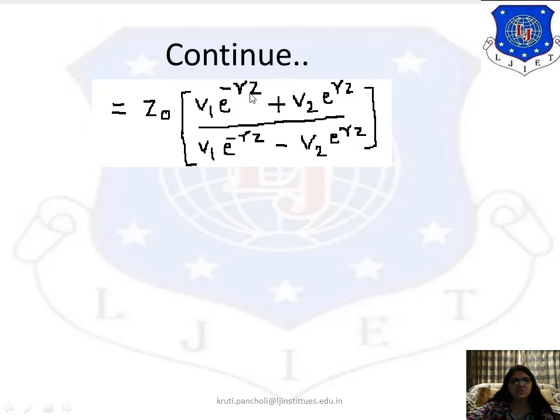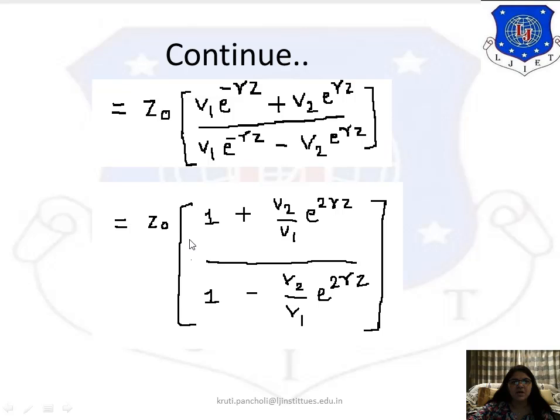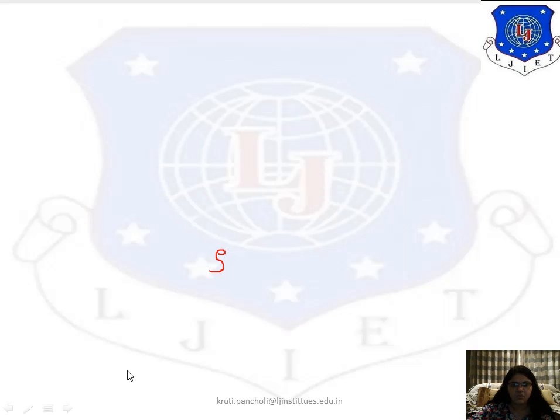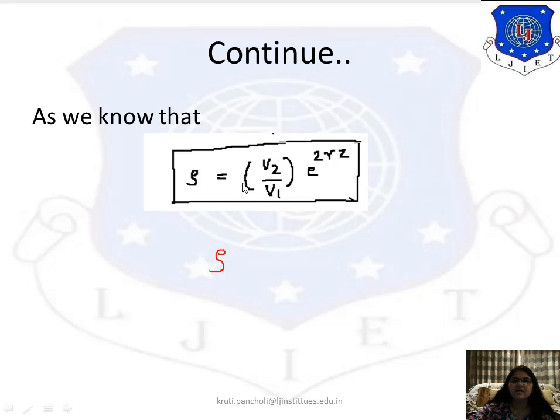So it is Z0 times V1 e raised to minus gamma Z plus V2 e raised to gamma Z, upon V1 e raised to minus gamma Z minus V2 e raised to gamma Z. Now we take V1 out, which cancels, and it is Z0 in bracket 1 plus V2 upon V1 e raised to 2 gamma Z, upon 1 minus V2 by V1 e raised to 2 gamma Z. But what is this V2 by V1 e raised to 2 gamma Z? It is rho.